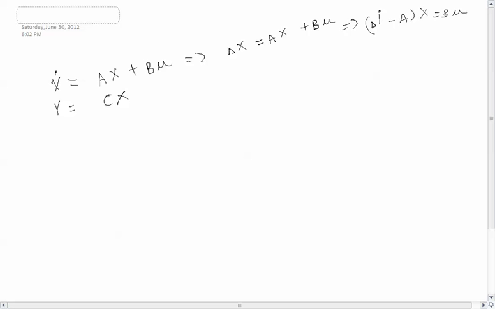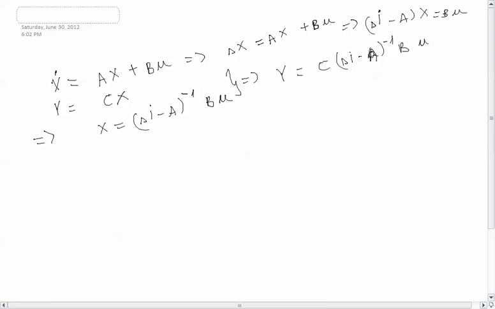so s I minus a, multiplied by x of s, equals b u of s. And from here, assuming s I minus a is invertible, I get x equals s I minus a to the power of minus 1 times b u. And then when I insert it in the output equation, I get that y equals c times s I minus a to the power of minus 1 times b u.